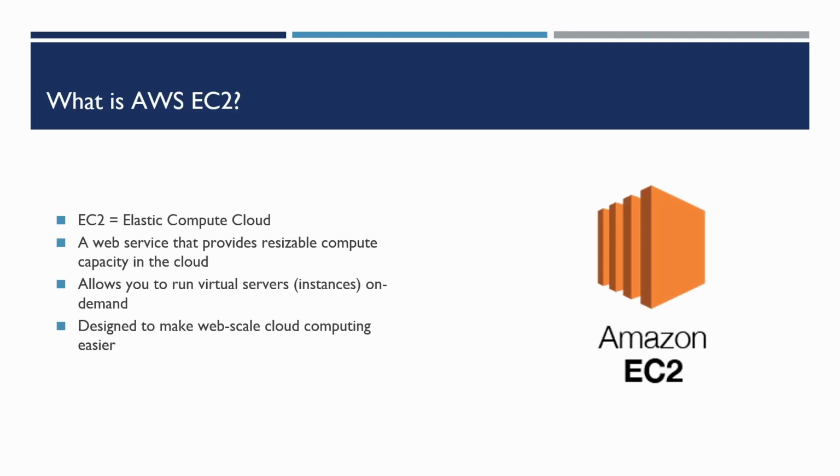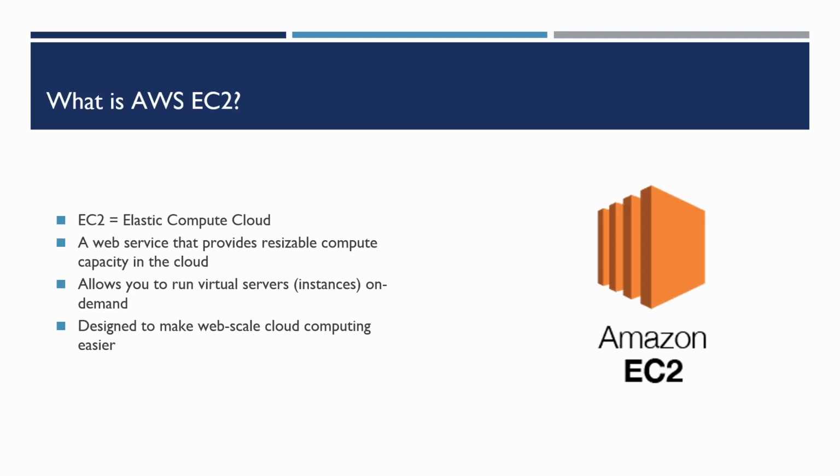And the most important part about AWS EC2 is it's scalable. Scalable meaning that as and when the number of users increase in your EC2 instance, it can also do scaling.